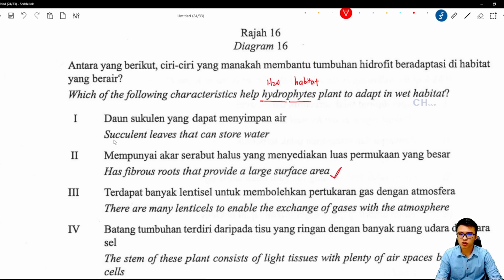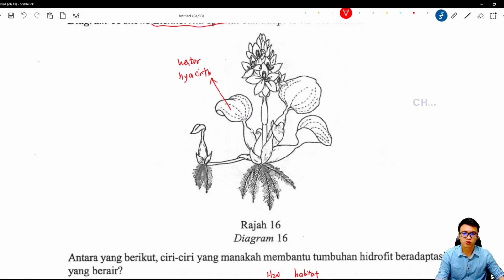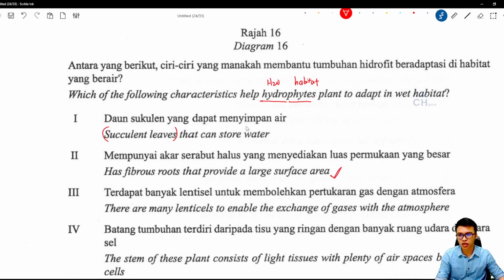One is wrong because succulent leaves can be found in plants that live in a very dry place. Since water hyacinth is living on the water, they are not lacking water. Water is plentiful for them, so they are not going to store water.